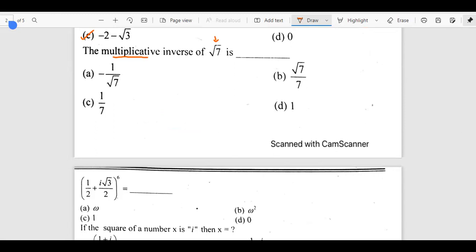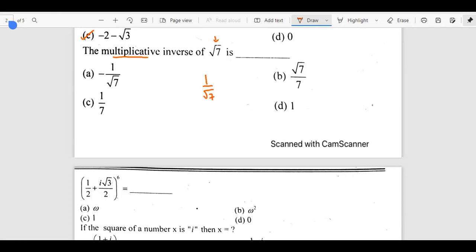So that number is D. D is the answer, exactly. So it should be 1 by root 7, right? Excellent. And you can't see that in answers, right?